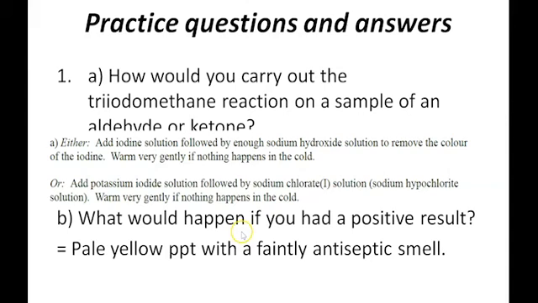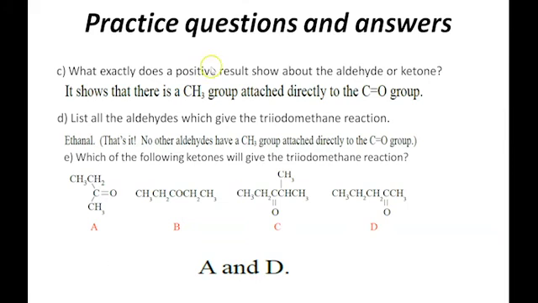What would happen if you had a positive result? Pale yellow precipitate with a faintly antiseptic smell. What exactly does a positive result show about the aldehyde or ketone? It shows that there is a CH3 group attached directly to the carbonyl group.